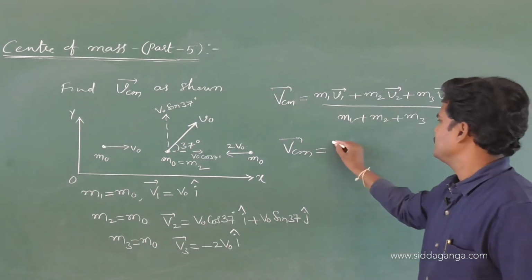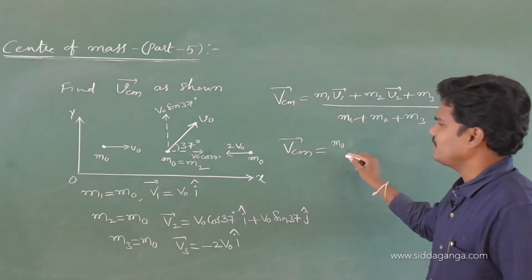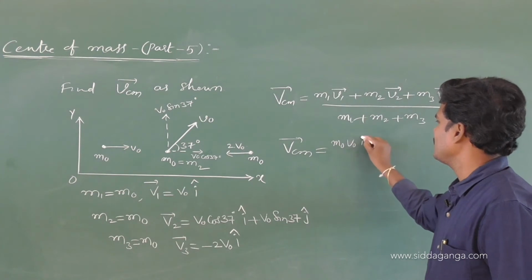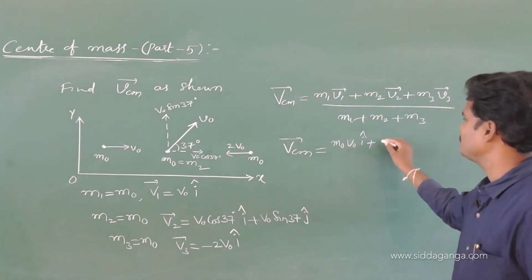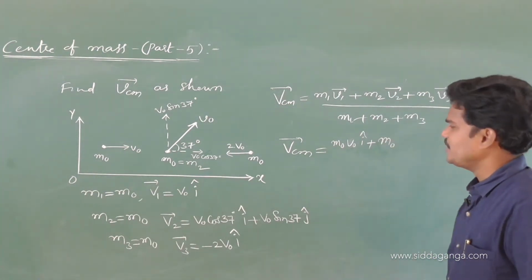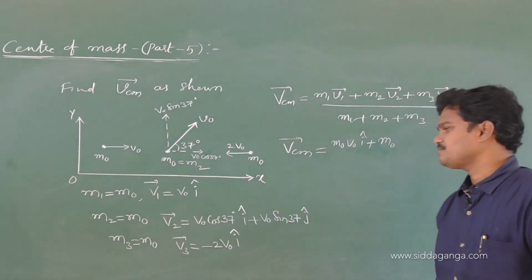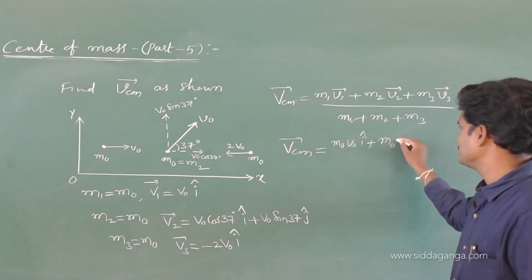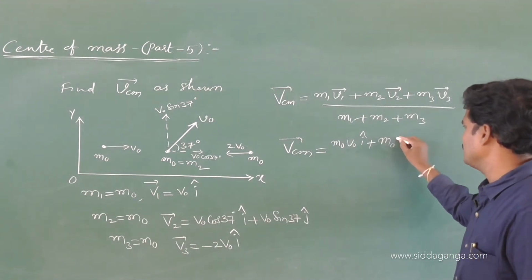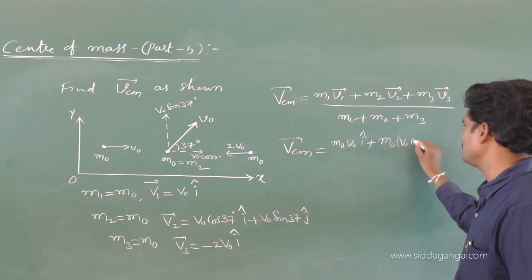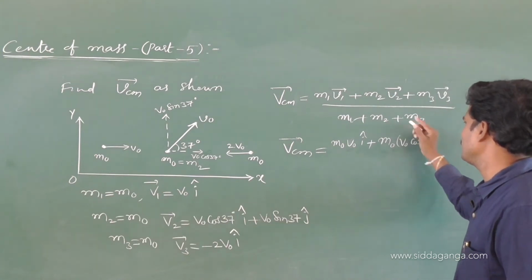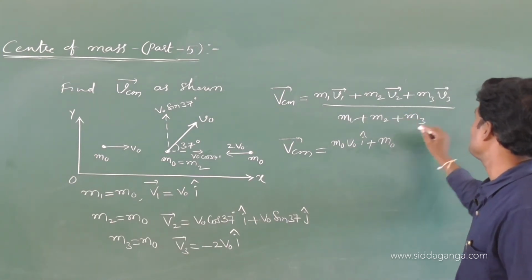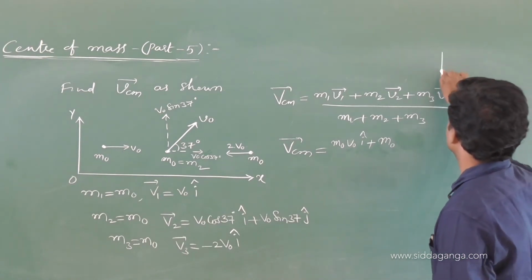If they ask you to find the magnitude, you can take the root, because you know the vector rules. What is M1? It is M naught. V1 is V naught i cap. M2 is also M naught. V2 is V naught cos 37 i cap. Let me multiply this. Recall the cos 37 value. Use the triangle system again.